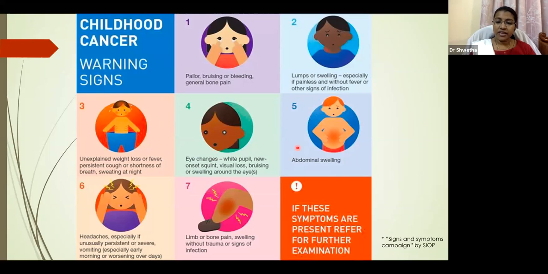Then patient can have abdominal swelling, that is mostly the abdominal tumors like Wilms tumor or neuroblastoma or some of the soft tissue sarcomas. A patient who presents with severe persistent headache associated with vomiting, mostly early in the morning, is probably a very strong sign of brain tumors. You may also have limb or bone pains without a history of trauma or any sort of infection, which is a sign of the bone tumors that we have.